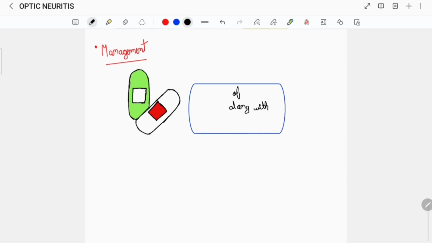Once the diagnosis of optic neuritis is established, then its management can include a combination of treatment of the underlying cause along with drug therapy.